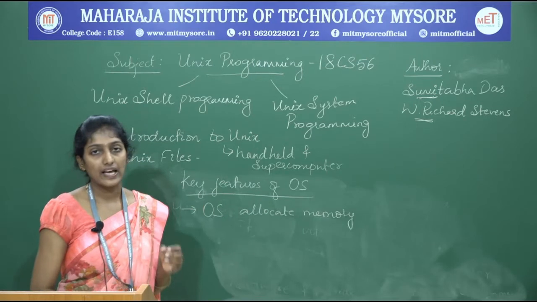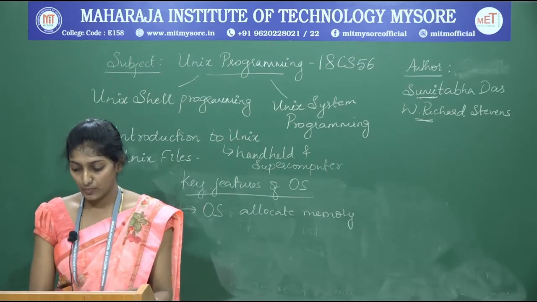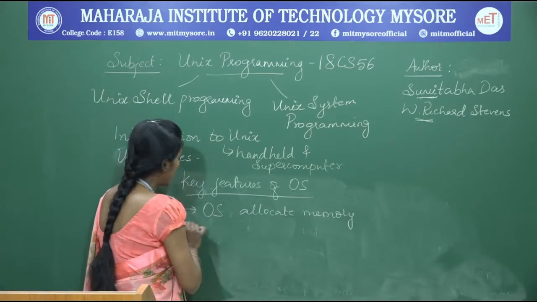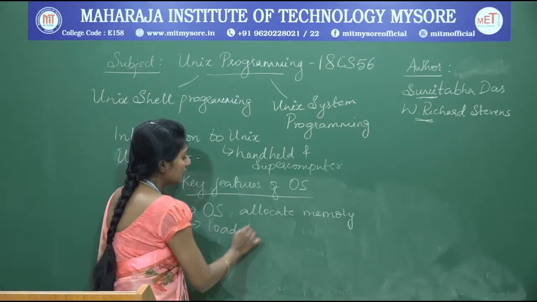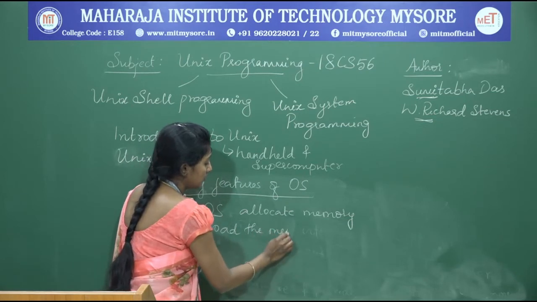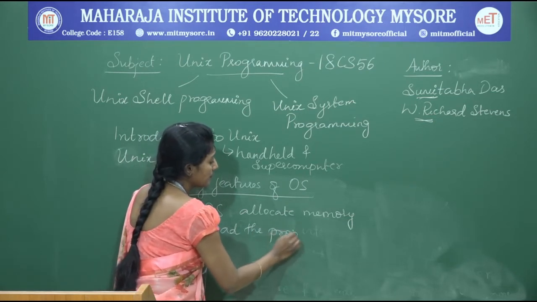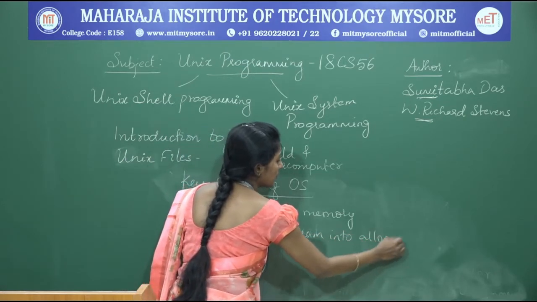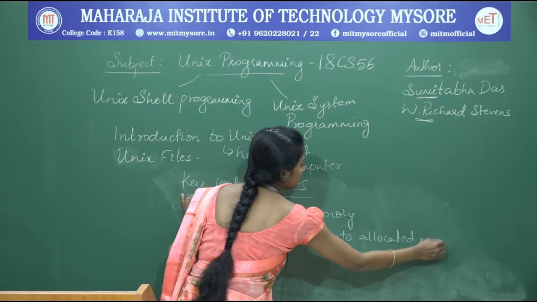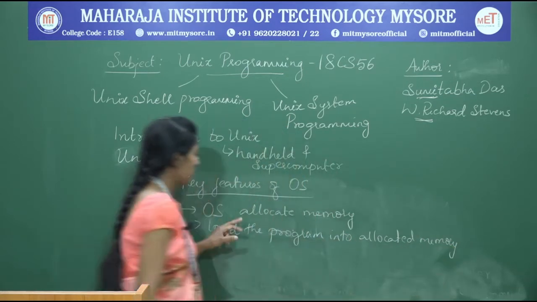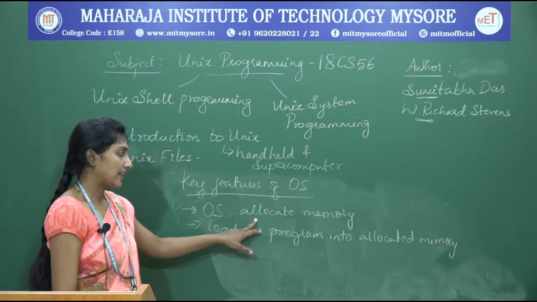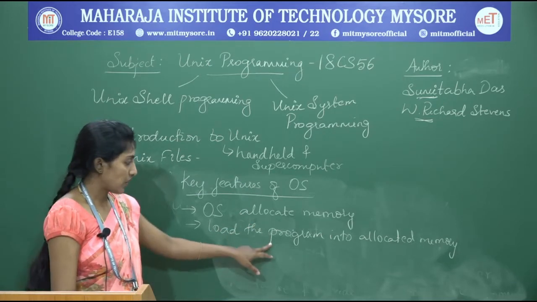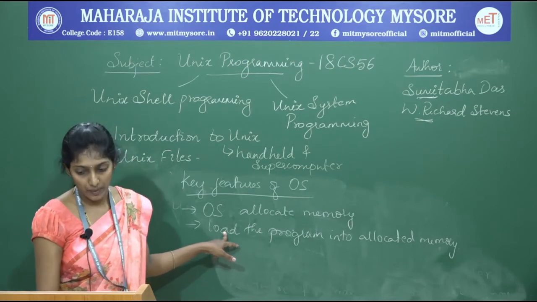A memory allocation will be done for that particular program which you have written. Then it loads the program into the allocated memory. First the program gets allocated memory, then the same program is loaded into the memory.